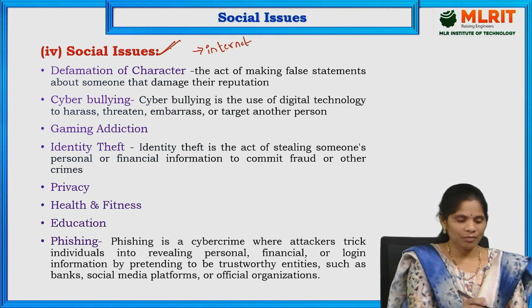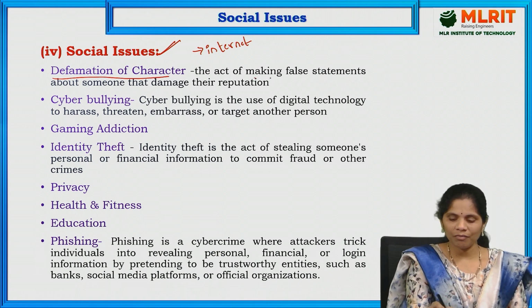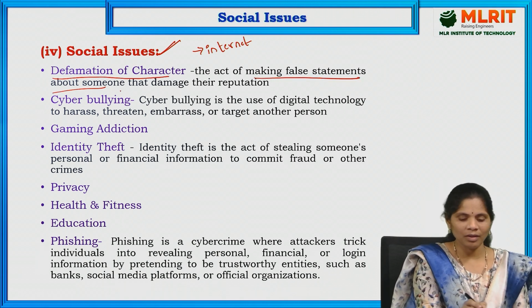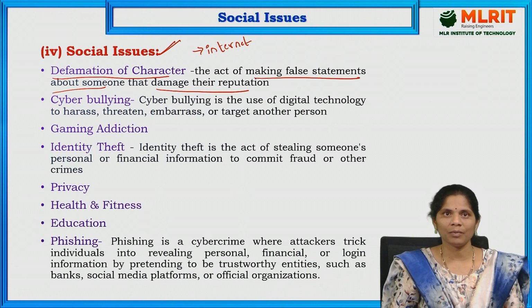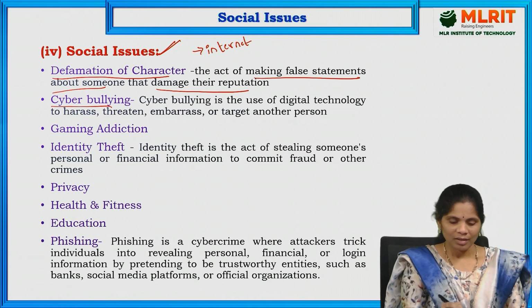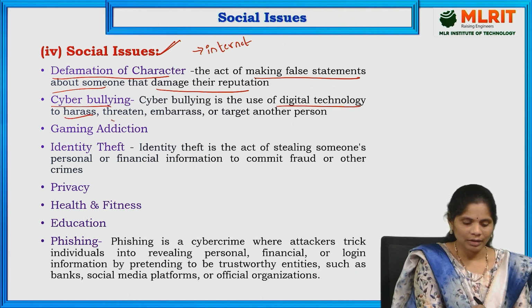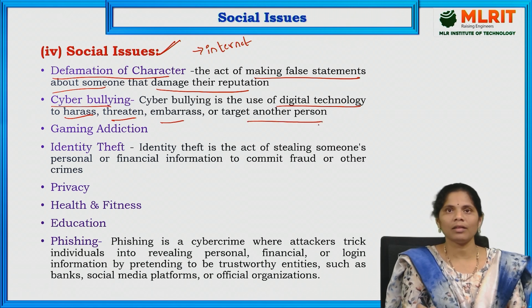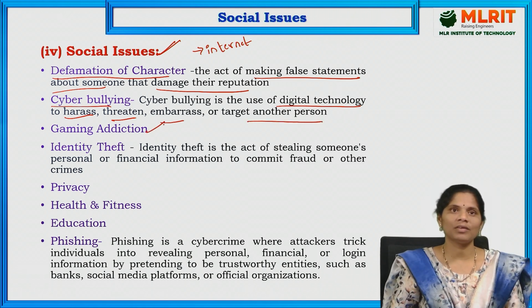First is defamation of character, which is making false statements about someone that damage their reputation. Cyberbullying is using digital technology to harass, threaten, embarrass and target another person. Game addiction is also one of the social issues.